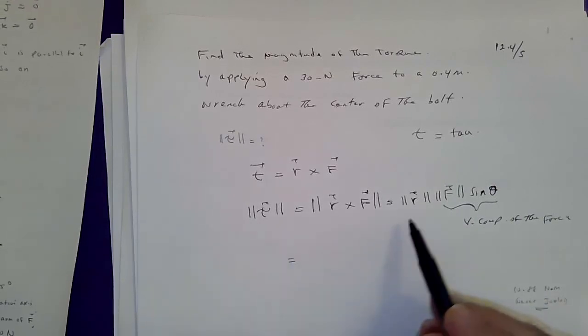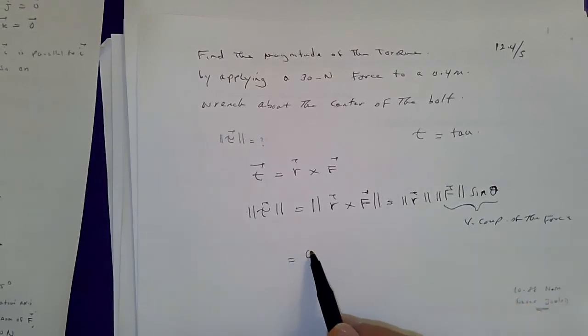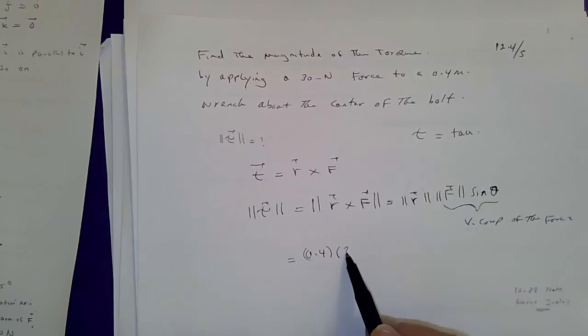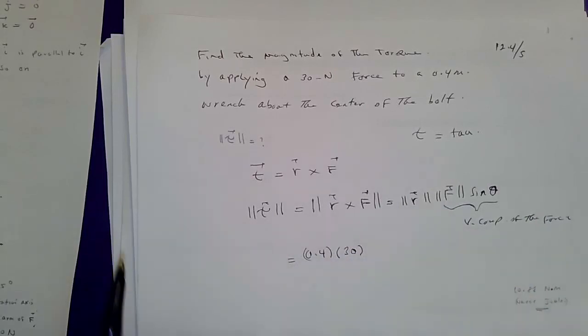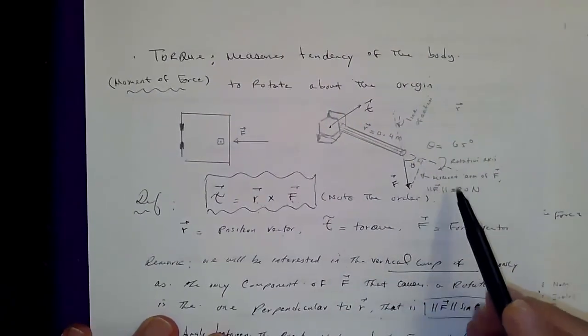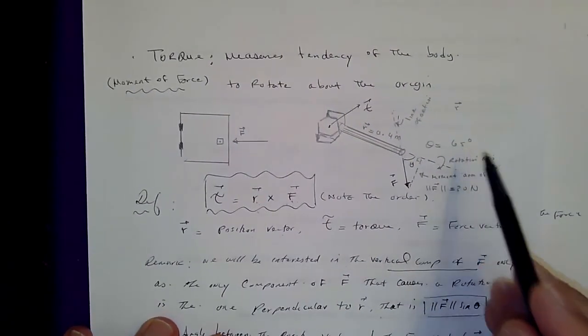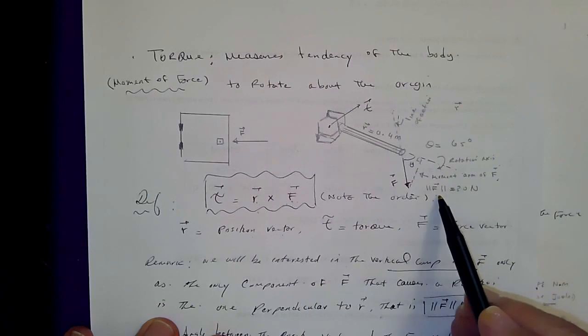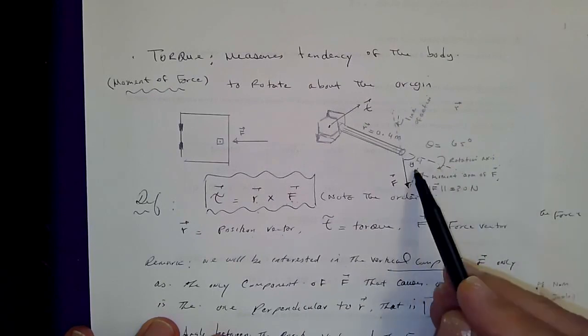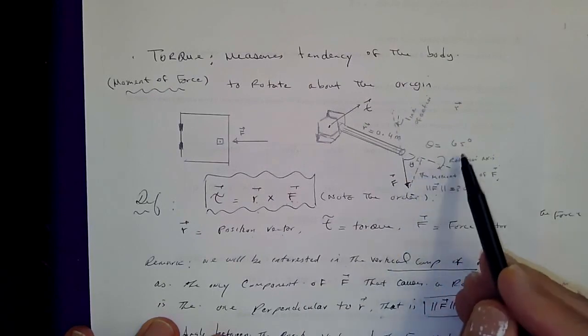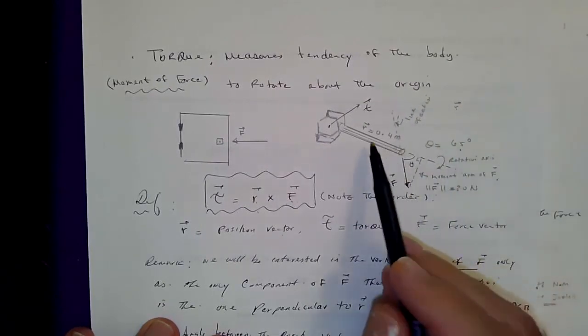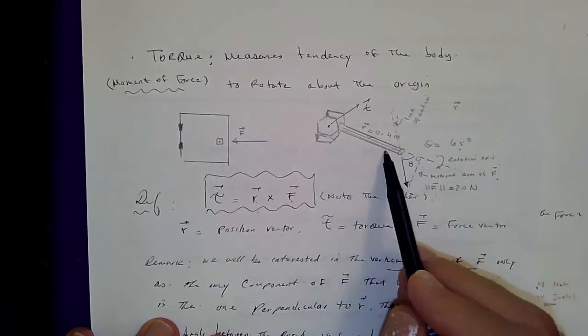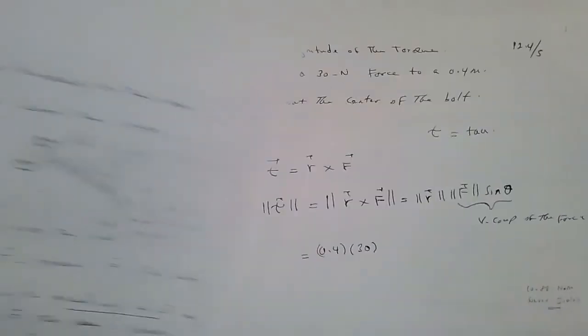In our case, the length of the wrench is 0.4 meters, and F was 30 newtons. Theta here was given to us as 65 degrees. So the magnitude of force is 30 newtons, the angle between R and F is 65 degrees, and the length is 0.4 meters.